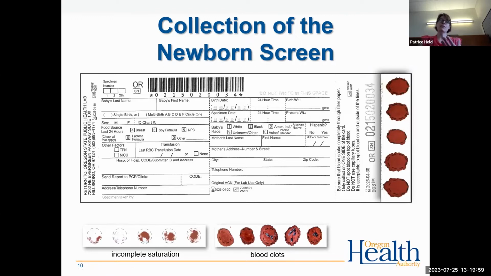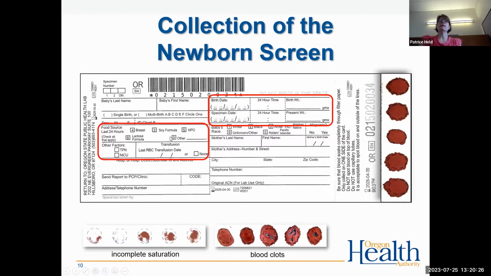And we spend a lot of time working with submitters on how to collect the specimen appropriately. We also work a lot with our submitters on how to fill out the card. Key information like birth date and time, collection date and time, or baby's birth weight, as well as the formula or the food source that the baby is receiving.